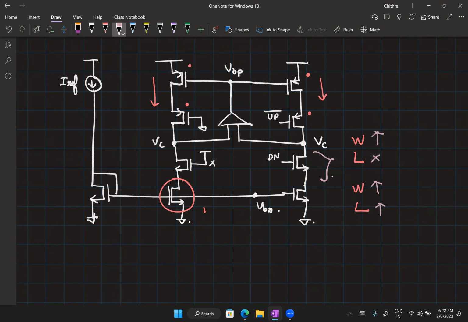Capacitance will increase, but the hope is you increase the capacitance, but you are also increasing the current that can flow through this. So it is still possible to get around it. So there are benefits to increasing the width, but with length, I think the trade-offs are not in favor of increasing the length. Okay.